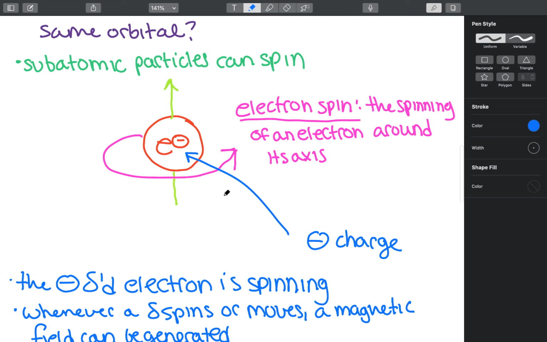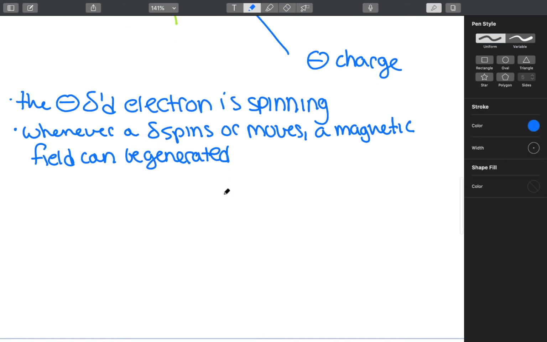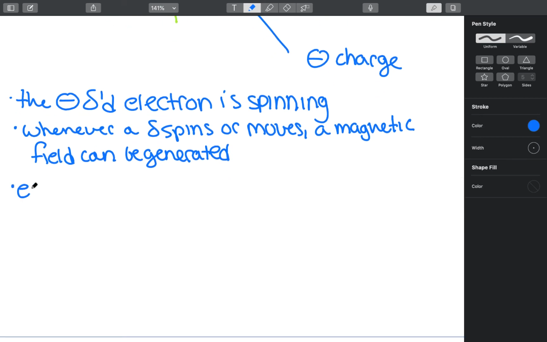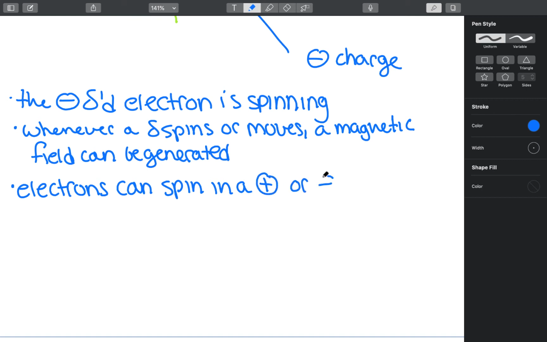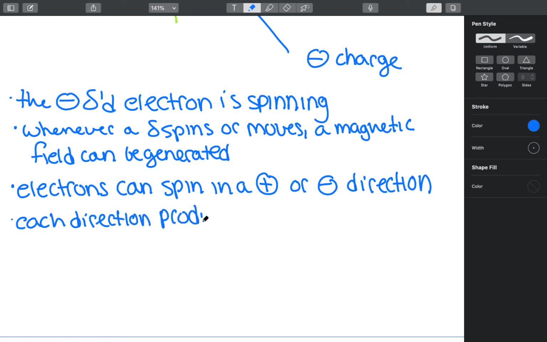So when an electron spins, it forms a particular magnetic field with a particular direction. Note that electrons can spin in a positive or a negative direction, and each direction produces a different magnetic field.